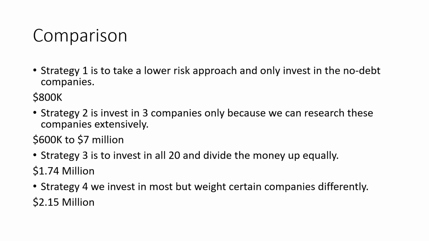Strategy 3 is to invest in all 20. Screw it, I'm going to do all 20 and divide the money up equally. Well, that's $1.74 million. That's absolutely killing the first 2 strategies, to not even do any analysis and just dump it amongst all of them. And strategy 4 is we invest in most, but weight certain companies differently. So we know that some of these companies are going to be killers.